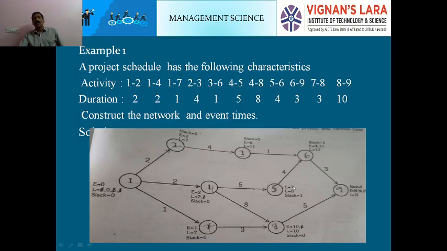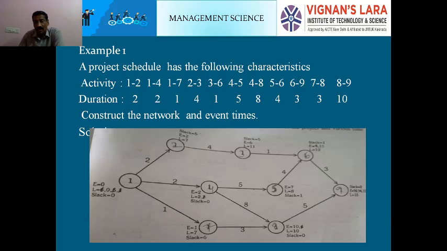Like that. If you want to calculate the latest finishing time, it is to be calculated on the basis of the backward passing method. For example, first coming from this side. While calculating earliest starting time, we are coming from left to right. Now here, if you want to calculate latest finishing time, we are coming from right to left with subtracting.